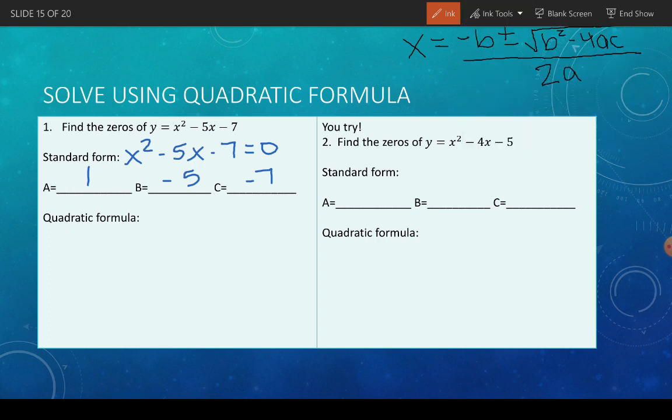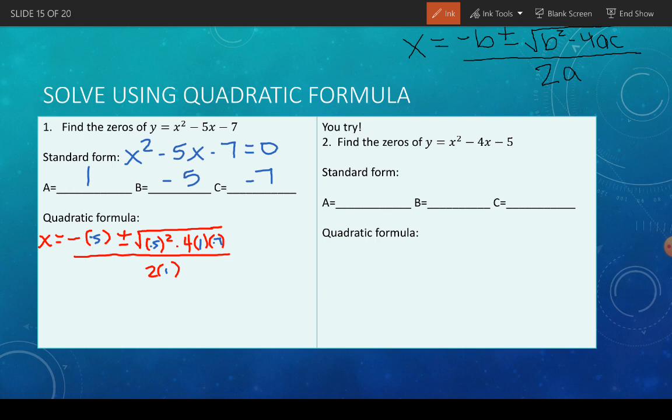So we'll have x equals negative b plus or minus the square root of b squared minus 4 times a times c, all over 2 times a. I can go ahead and plug in those numbers. So we'll have negative b is negative 5, b is negative 5, a is 1, c is negative 7, and a is 1.